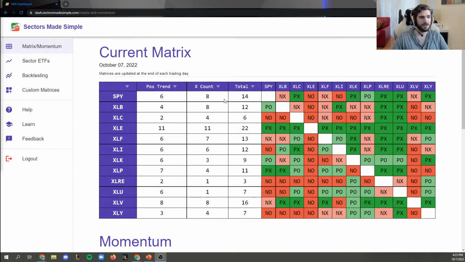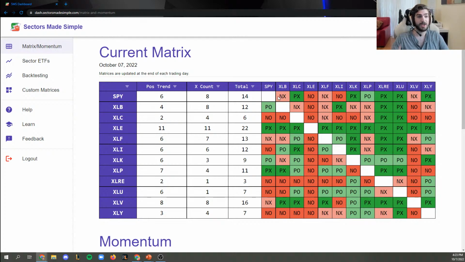Every one of these colored boxes is a single chart. So this box, this NX, is the relative strength chart of SPY to materials, XLB. The next one over is SPY to communications. And again, for all of these, we get those 2 pieces of information.